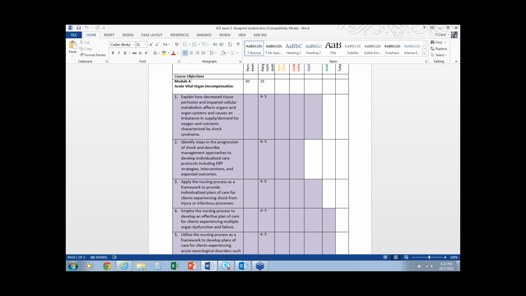So Module 4, the very first objective is that you be able to explain how decreased tissue perfusion and impaired cellular metabolism affects organs and organ systems, causes an imbalance in the supply-demand for oxygen and nutrients, and how that's characterized by shock syndrome. Well, this one is very easy.